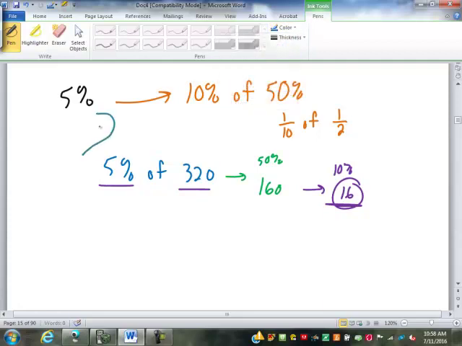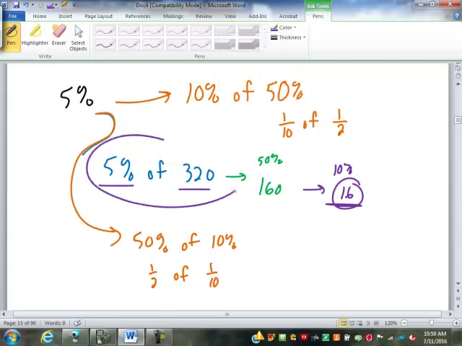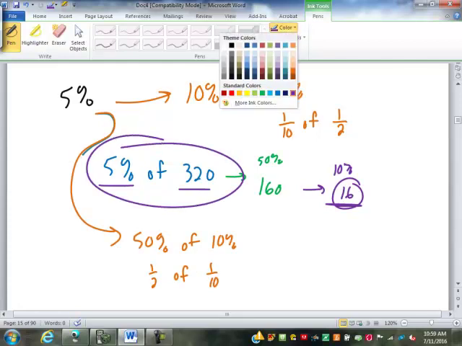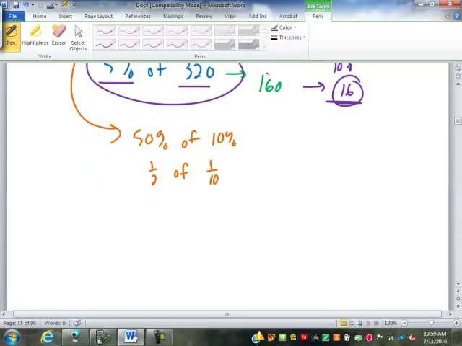Or the other way I could think about it is that it is 50% of 10%. In other words, saying it is half of 1/10. So looking at 5% of 320 again, well, I could look at 10%, which is 1/10, which is 32.